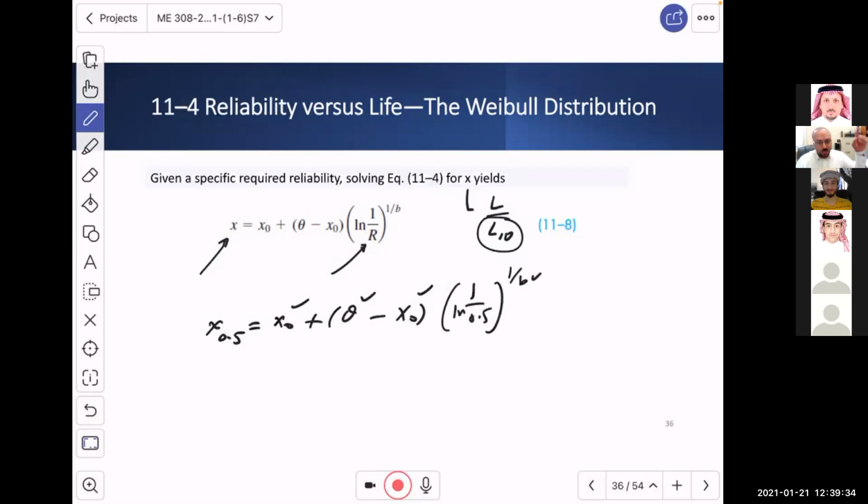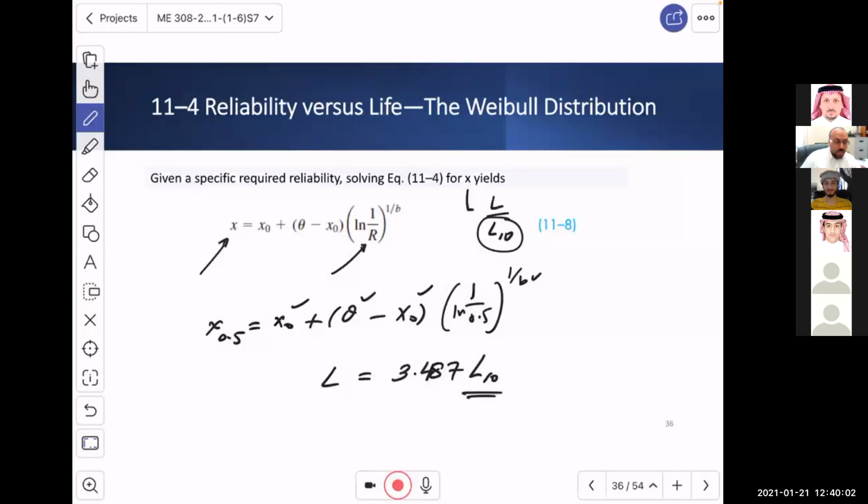And if we solve this, what do we get? We get L equal to 3.487 L10.